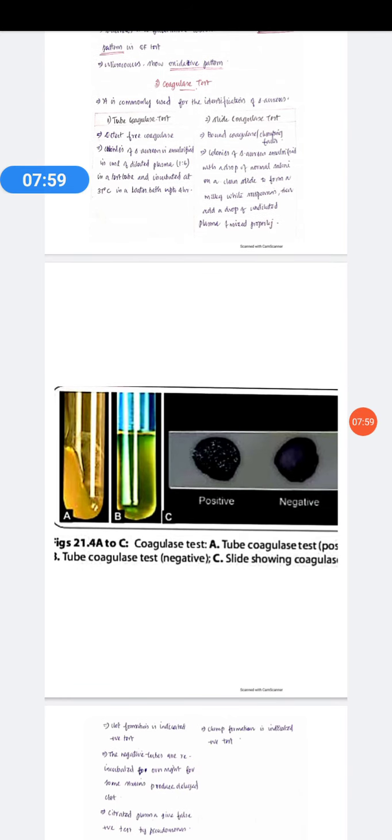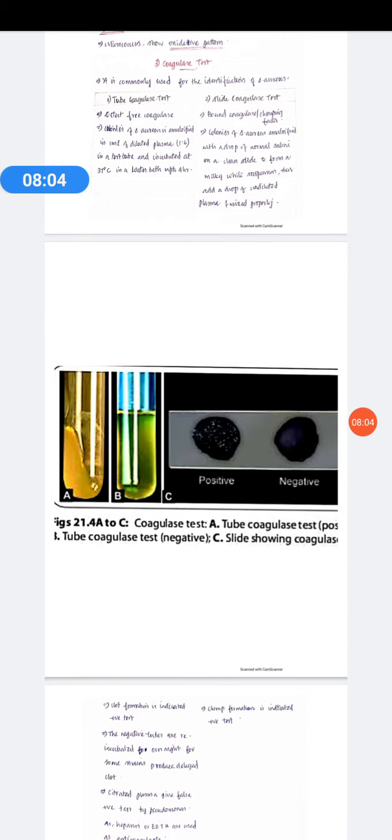Then come to the procedure of each one. The procedure of the tube coagulase test: first, the colonies of Staph aureus are emulsified in 1 ml of diluted plasma, in the ratio 1:6, in a test tube, and incubated at 37 degrees Celsius in a water bath for up to 4 hours.